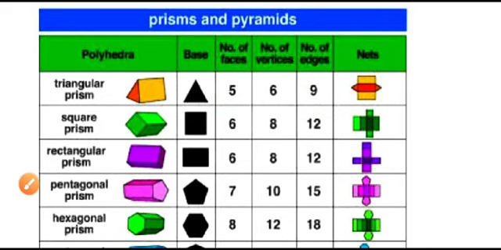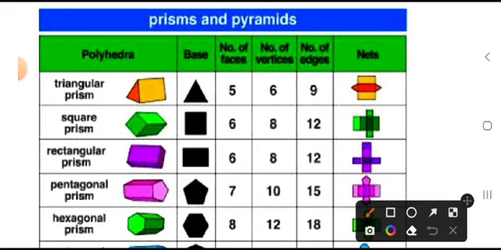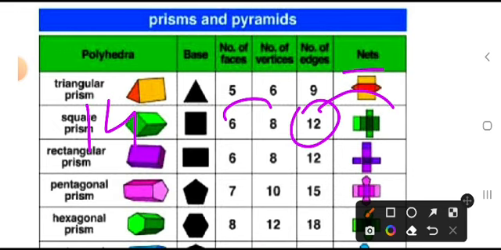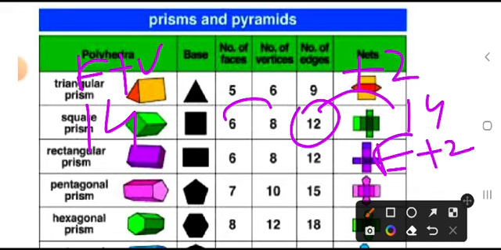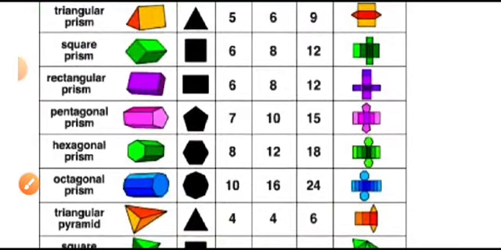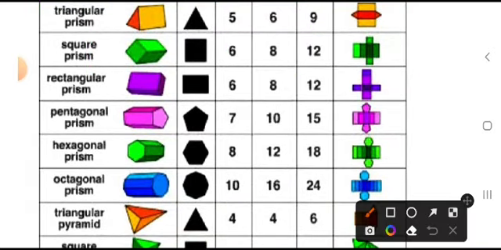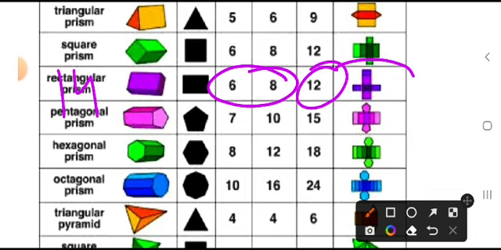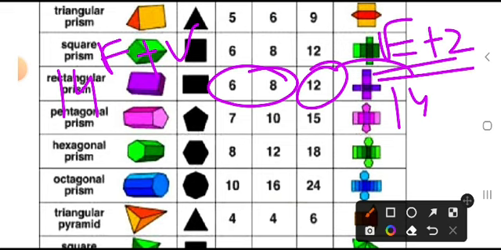Whether it is true or false for the others, let's check. In this case 6 plus 8, that is 14, and here 12 plus 2, that is also 14. That means in this case also F plus V is the same as E plus 2. Let's check it for another also. Here 6 plus 8 is also 14, and 12 plus 2 is also 14. So F plus V is the same as E plus 2. We are adding 2 to the edges.